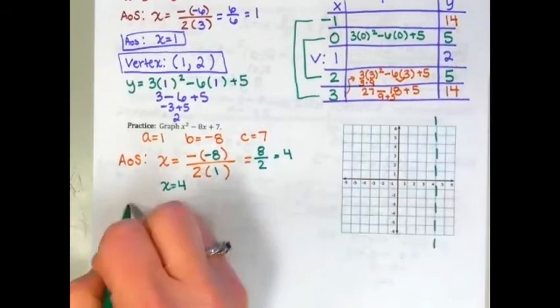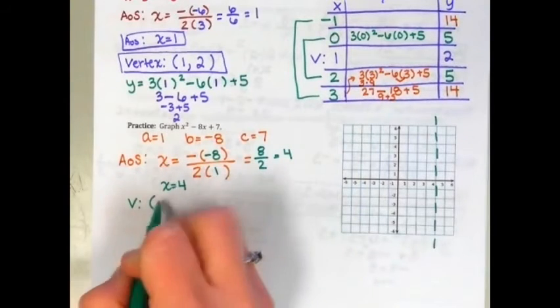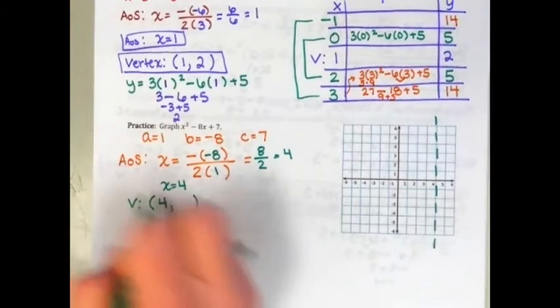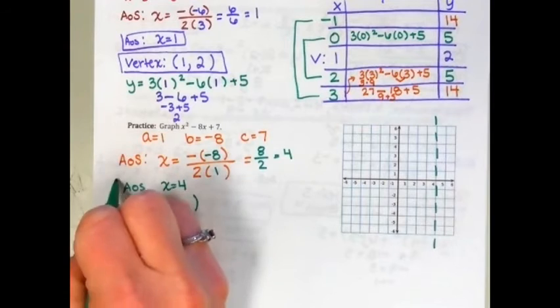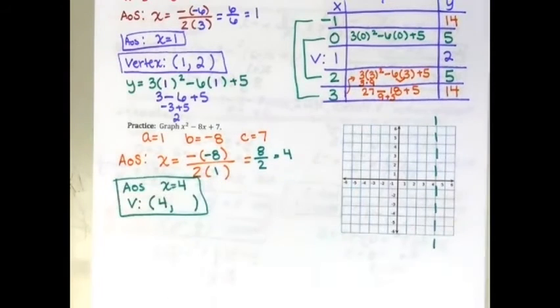So what is the x coordinate of my vertex? 4. Can you guys find your y? Go ahead and find my y for me. How do we find the y? We just plug it in.